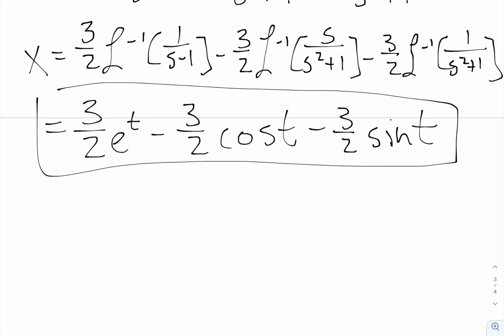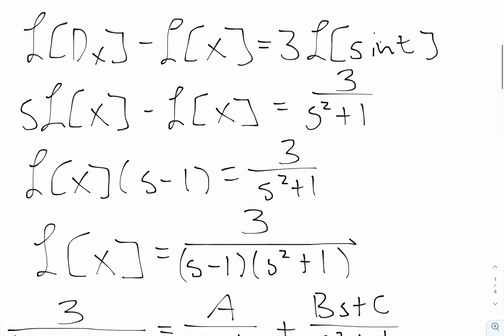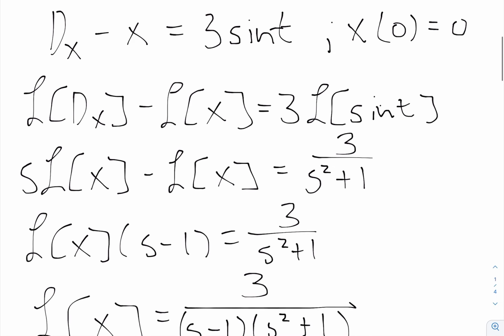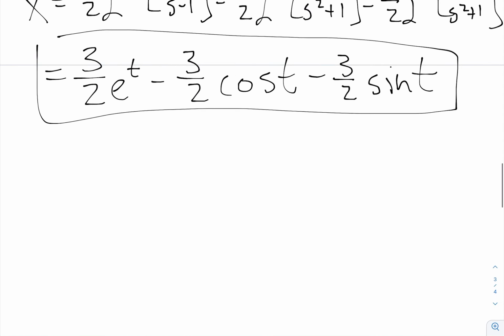And let's just double check that dx minus x equals 3 sine t. So the derivative of this is going to be 3 over 2 e to the t. The derivative of cosine is negative sine, but then this is a negative cosine, so it's going to become positive. So plus 3 halves sine t.